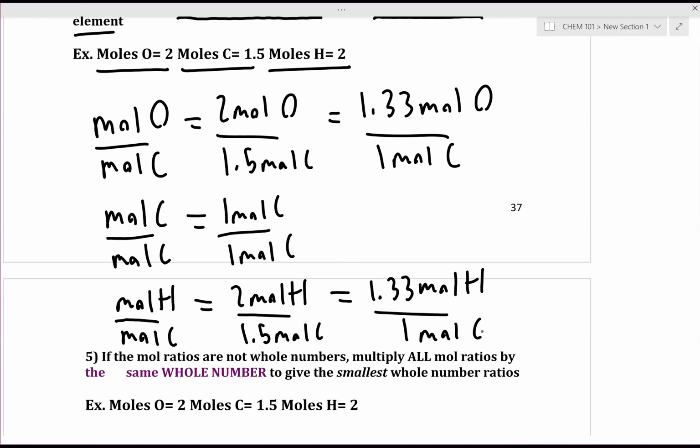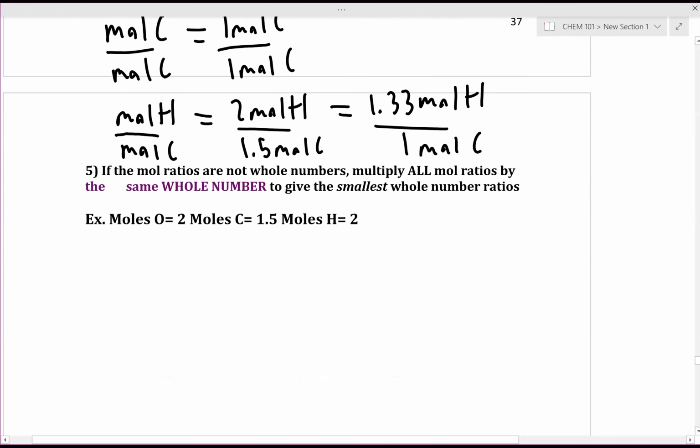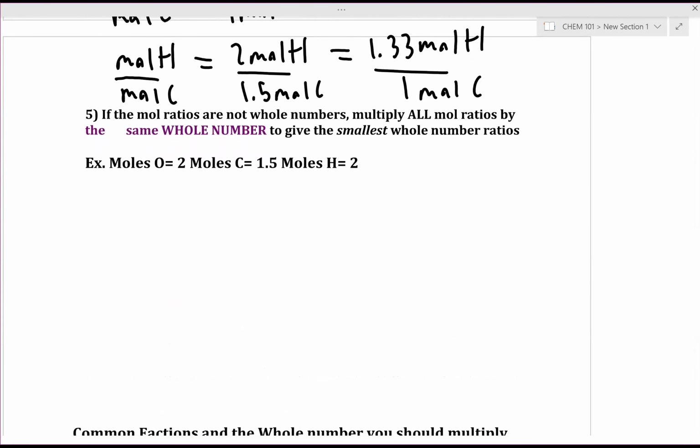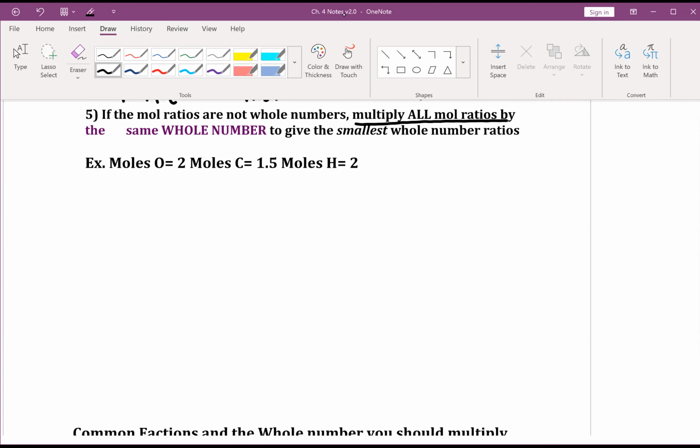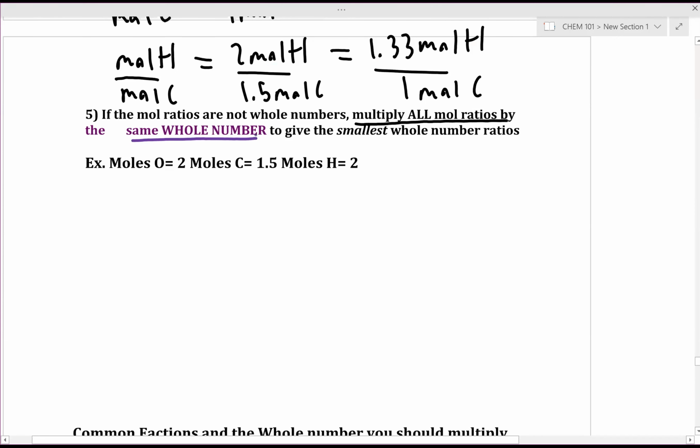Are these whole numbers? Do we see decimals here? Yes. So then we have to convert these decimal mole ratios to whole numbers. To do that, you're going to multiply all of your mole ratios by the same whole number to give you the smallest whole number mole ratio.